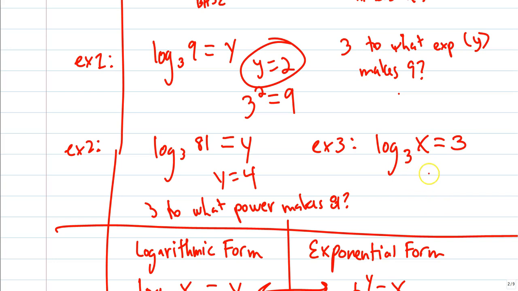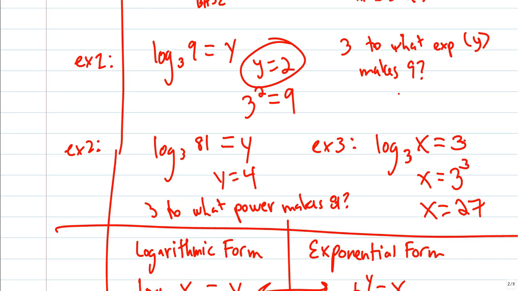So this is literally saying x is 3 to the 3rd. Our base is 3, our exponent is 3. The result is the base to the exponent. X is 27. How do I know that? 3 to the 3rd power makes this result 27. Just a different way of thinking about it.